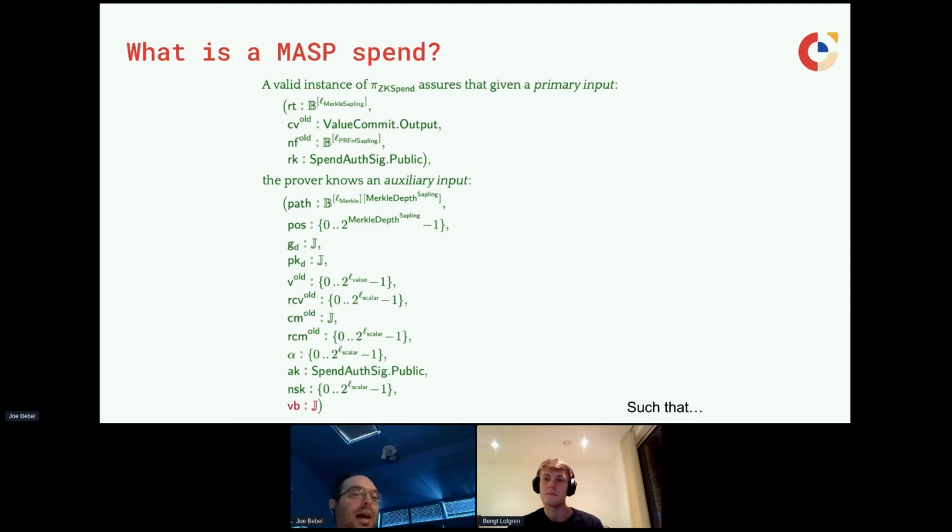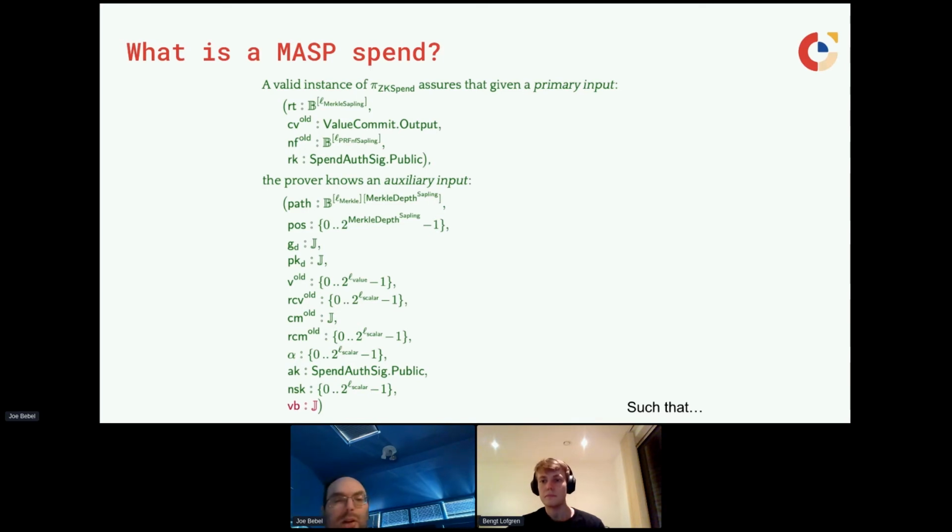If a note has in it the asset generator that represents the value base that you should multiply the value by, the elliptic curve point for your value commitment, all you need to do is add this value base as a witness to the spend circuit.